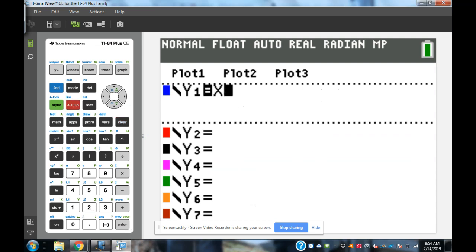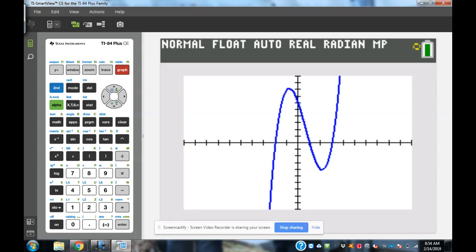x cubed minus 2x squared minus 5x plus 6. There's -2. There's +1. There's +3. Those the right ones?